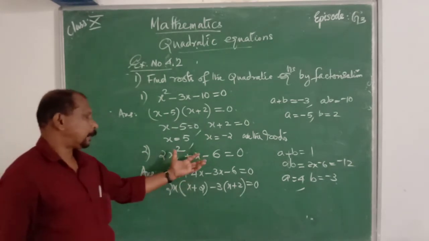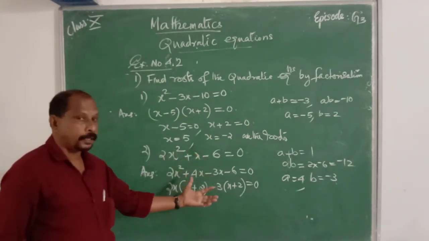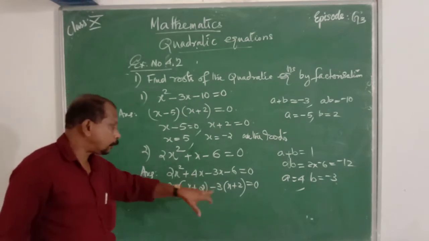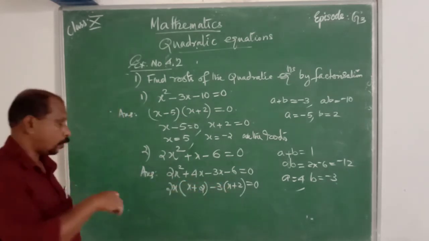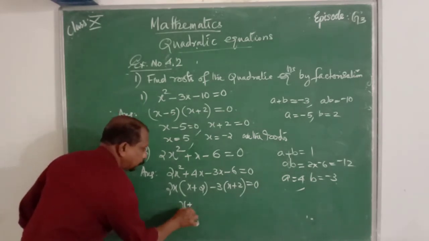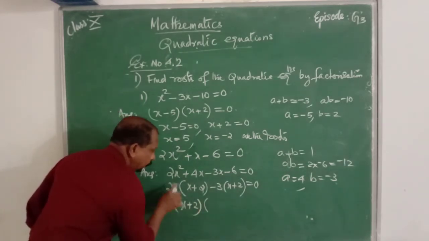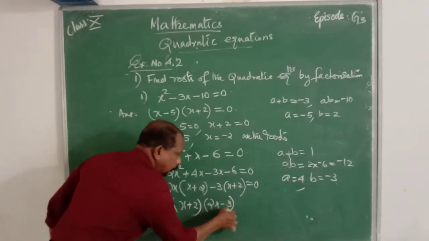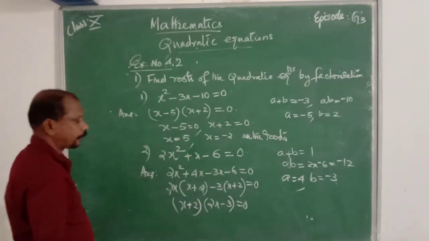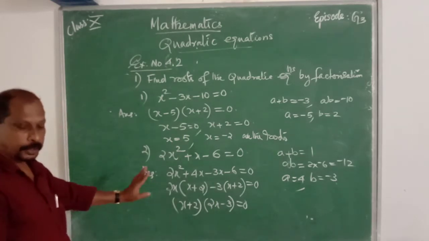That means we split 3 terms into 4, then grouped the 4 terms into 2. Out of these 2, x plus 2 is also a common factor. Therefore, take x plus 2 as the factor. 2x minus 3 is the remainder. We get the factors.